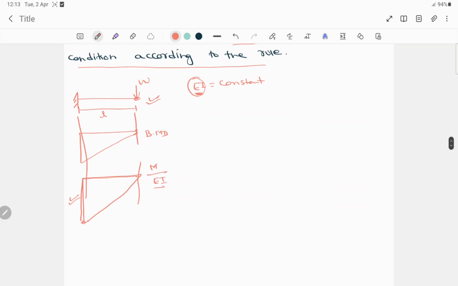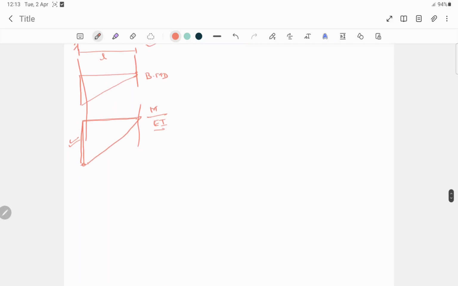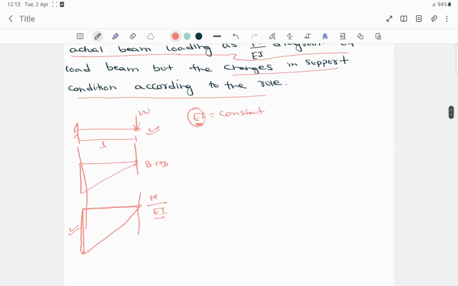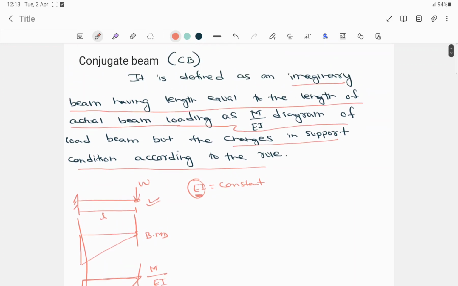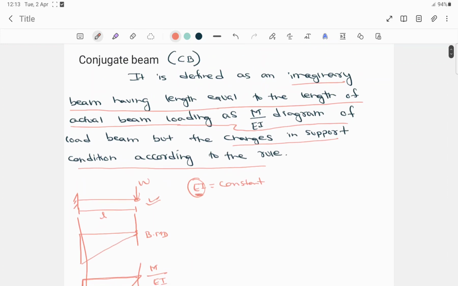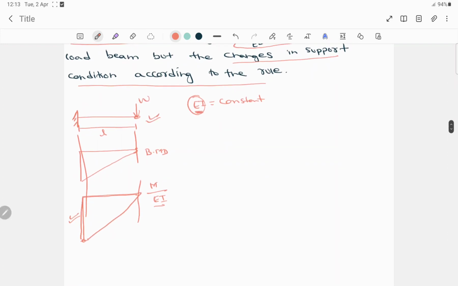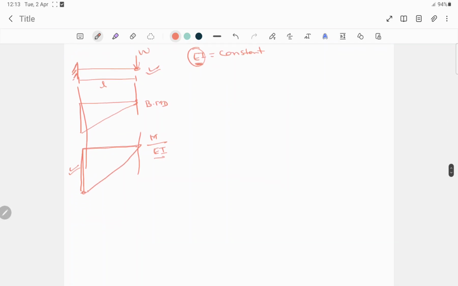So we have some rules in case of the conjugate beam. So here suppose, see, in this case the fix is at this end, right? So the M by EI diagram will be same, and here before it was fixed this side, right?